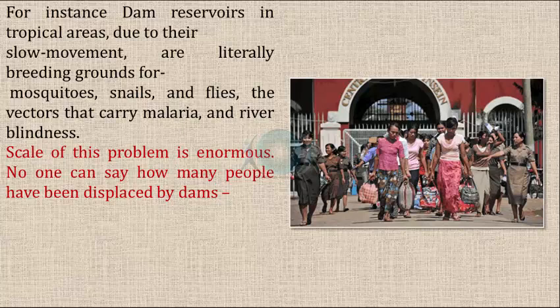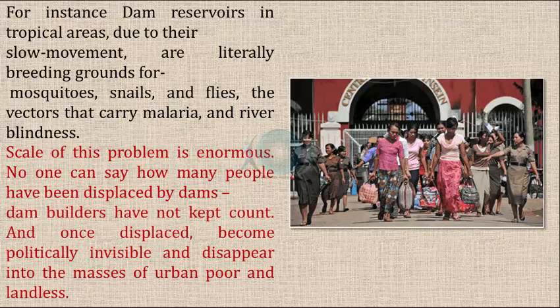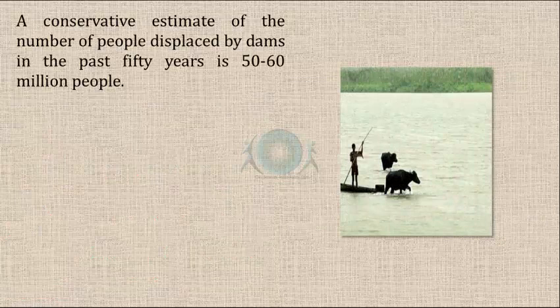No one can say how many people have been displaced by dams, and dam builders have not kept the count. And once displaced, they become politically invisible and disappear into masses of urban poor and landless. A conservative estimate of the number of people displaced by dams in the past 50 years is 50 to 60 million people.